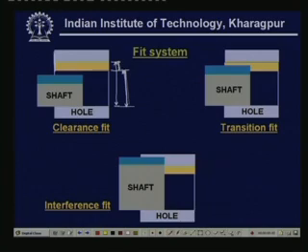In a similar manner, the shaft can have the maximum dimension and it can have a minimum dimension. In this case, we are referring all measurements from this size. Normally, what happens?